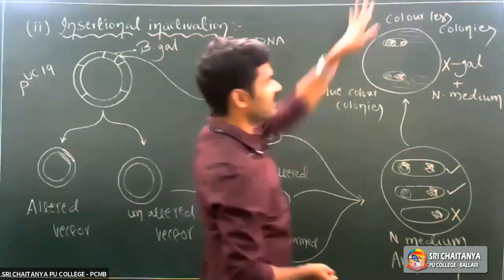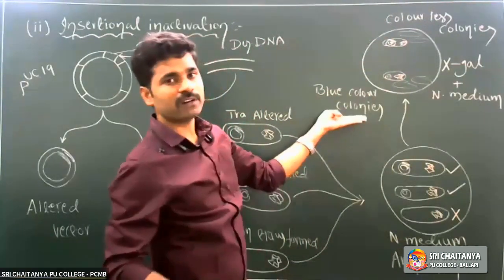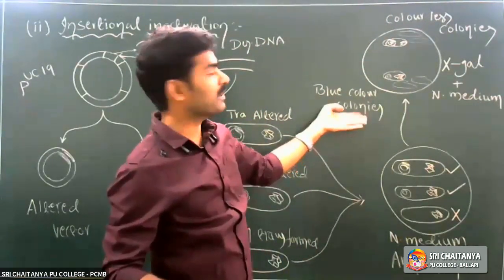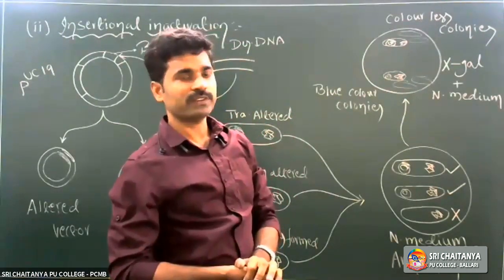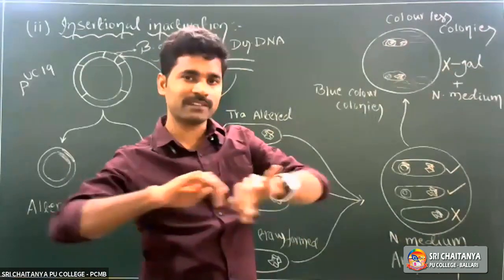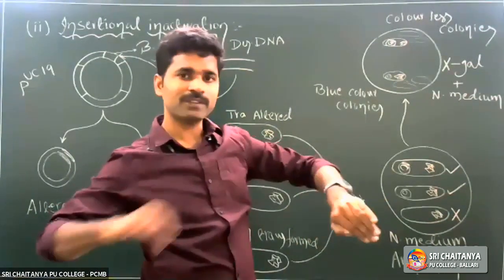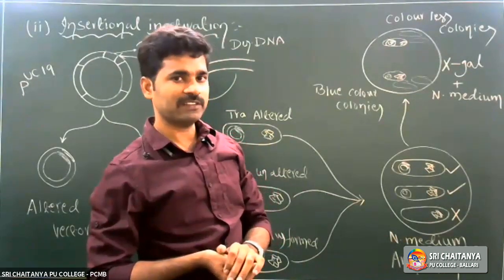The desirable bacterial cells here are the colorless colonies, and the blue colored colonies are not required, because these are non-recombinant bacterial cells. When we observe these under a microscope, we can easily separate blue color colonies and white color colonies.